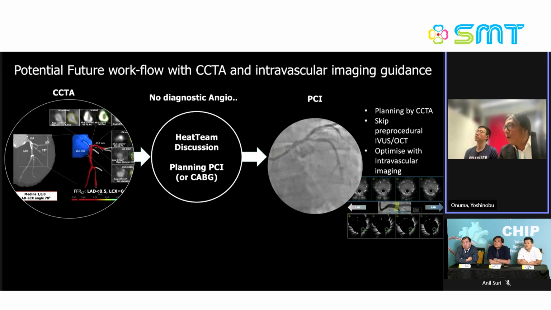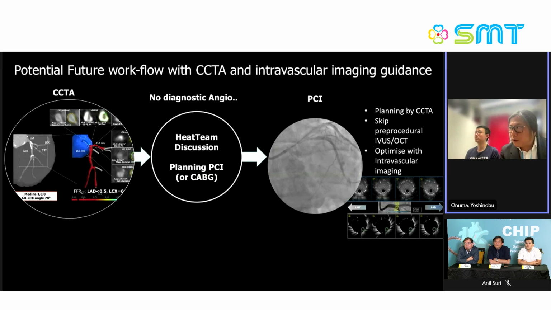And maybe we can skip one OCT or IVUS pullback because we know enough from the CT. But if you need optimization of the stent, of course, you need intravascular imaging during the procedure. But I think it's very good to use the information of the CT because it's already existing.